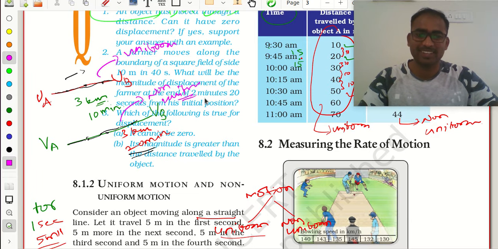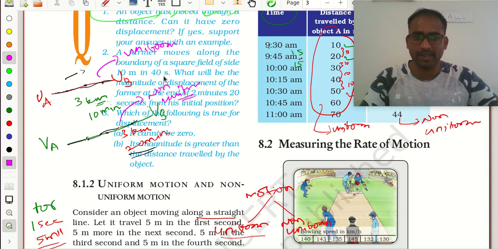Train and the flights. Are these uniform motion or non-uniform? No, non-uniform motion only. Okay.